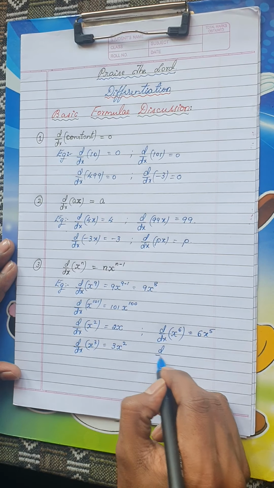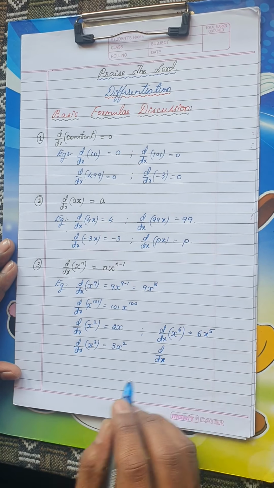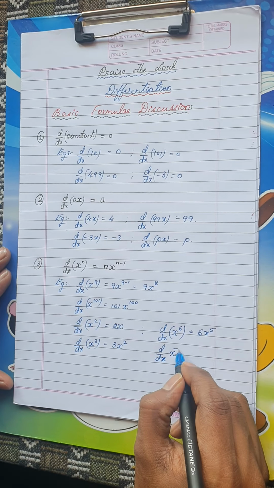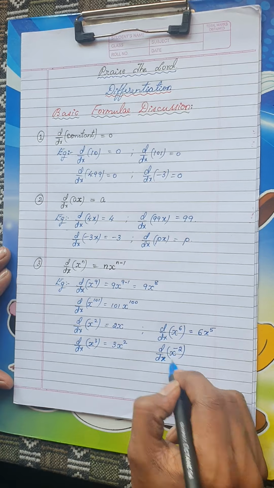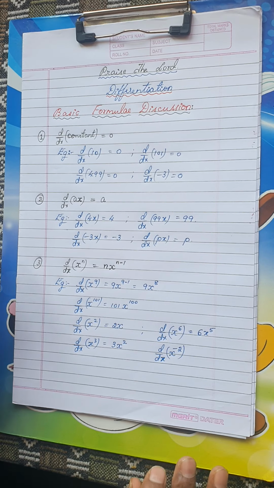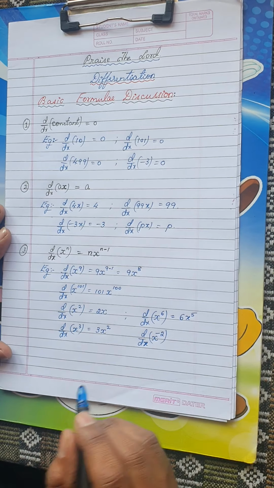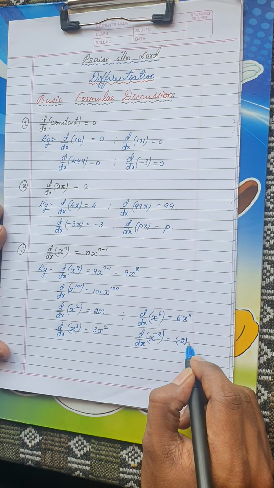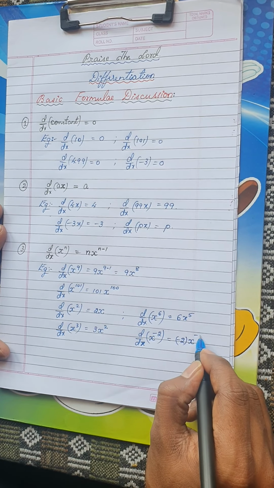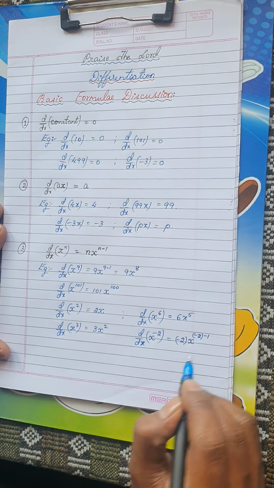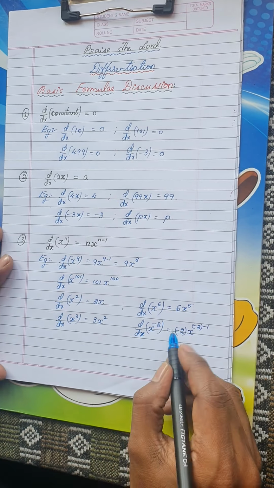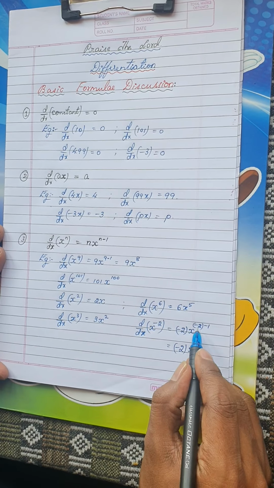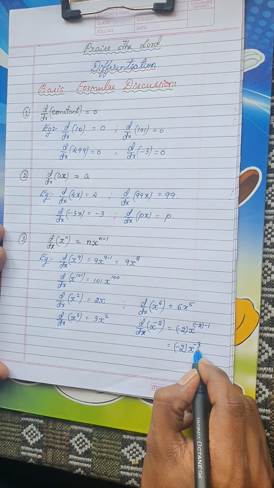Now next one, think about d by dx of x power minus 2. What is the derivative of x power minus 2? According to this formula, I can take it as minus 2 into x power minus 2 minus 1. So this is nothing but minus 2 into x power minus 3.